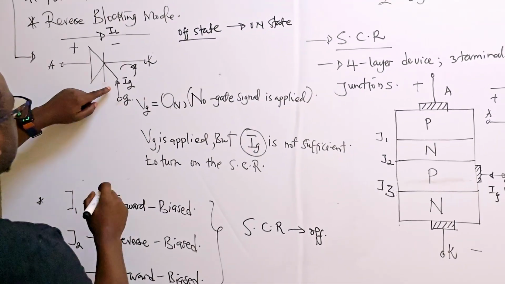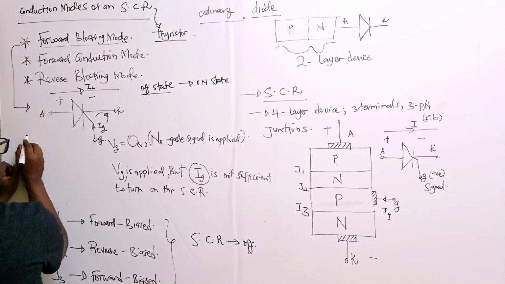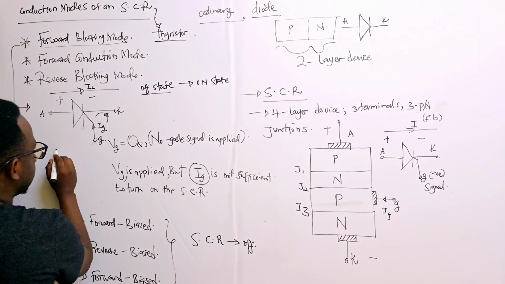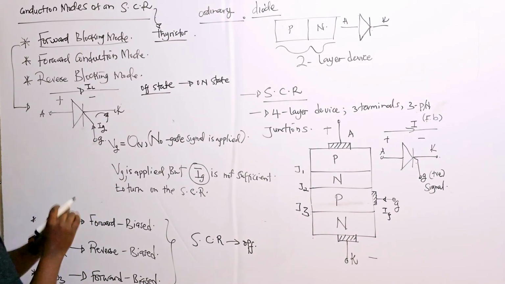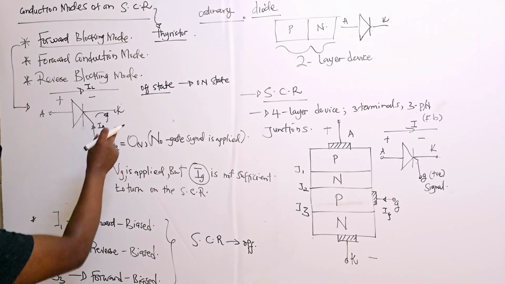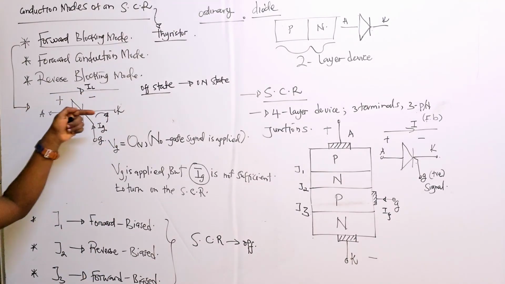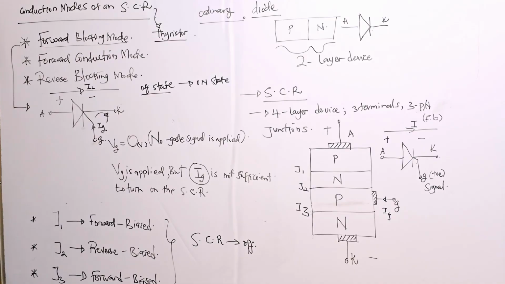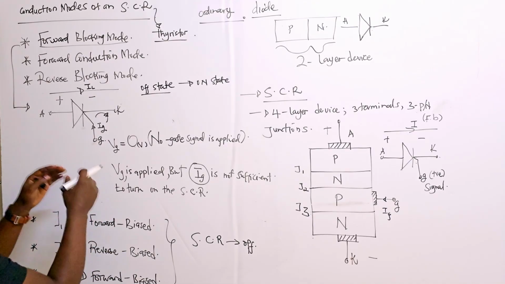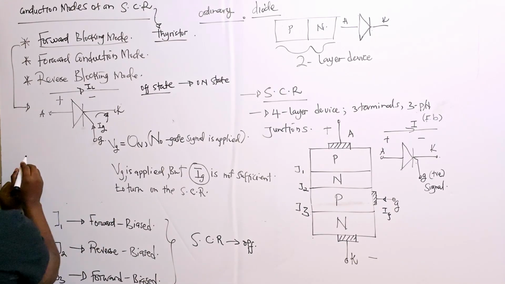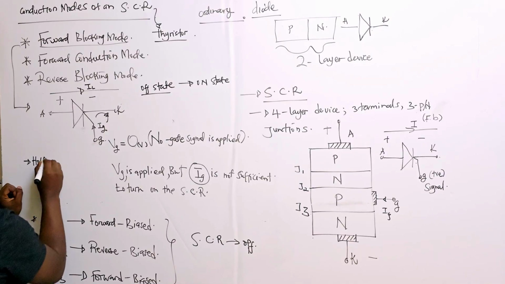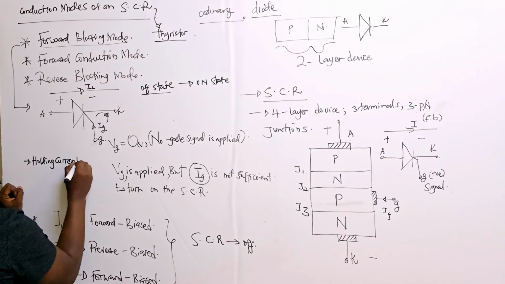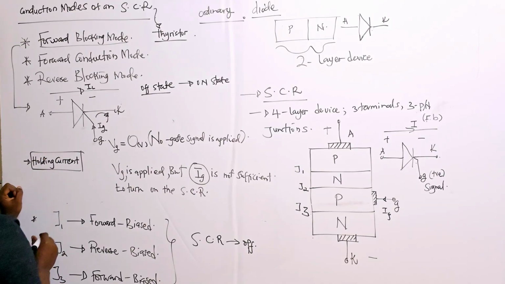So long story short, a minimum gate current IG, the gate triggering current, must be subjected to the gate cathode loop such that the load current, the anode cathode current, is sufficient enough to be above what we call the holding current, IH.